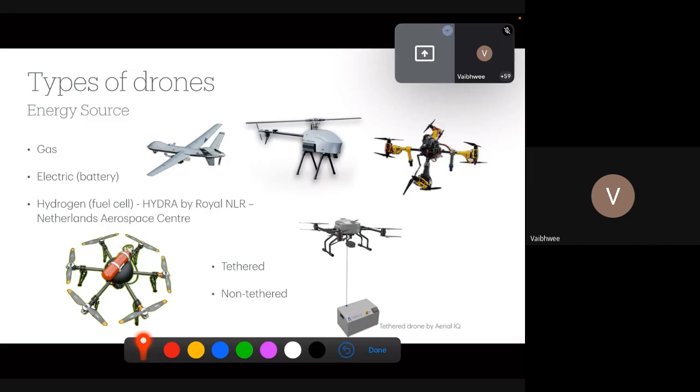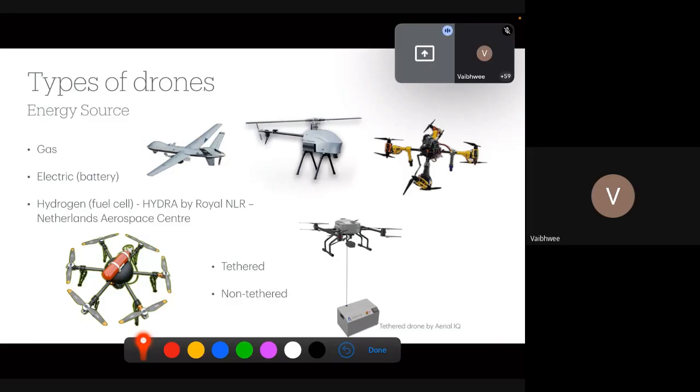Okay. If you want higher endurance, you need a bigger battery pack which has a good amount of energy stored in it. But as the battery size increases, the weight of the battery increases, which means the all-up weight of the UAV will also increase. Now, once this all-up weight increases, it means what?